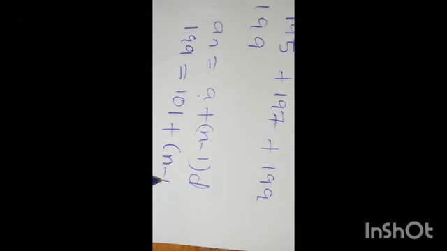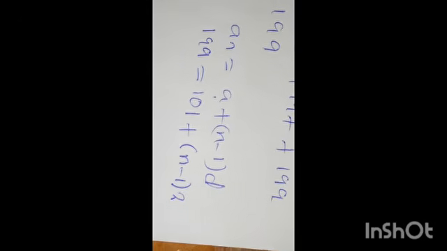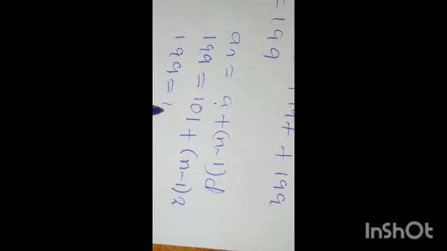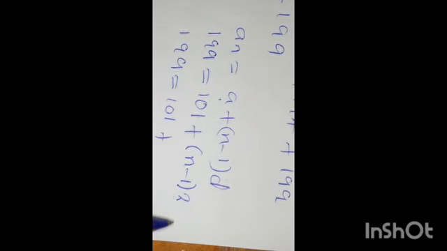So we have 199 is equal to 101 plus, if we multiply by 2 here, 2n minus 2. So 101 minus 2 gives us 99. So we have 199 is equal to 99 plus 2n.